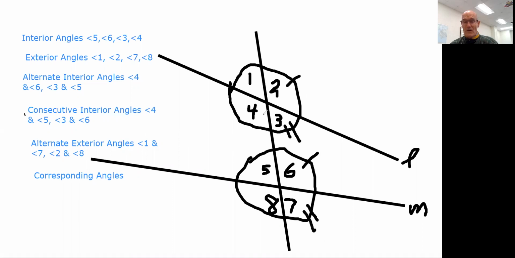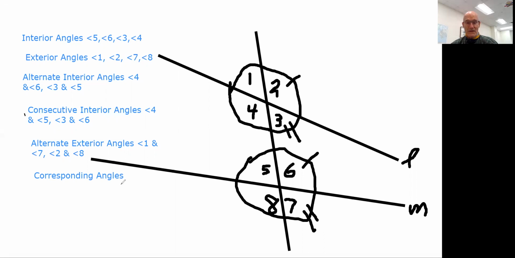So when we're talking about corresponding angles, we're talking about angles that are in the same quadrant. Upper left would be 1 and 5. Lower left would be 4 and 8, and then lower right would be 3 and 7.